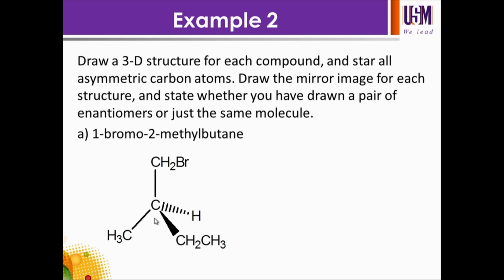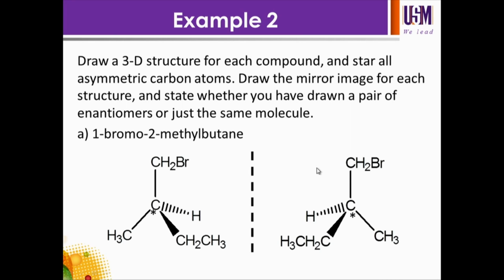The carbon is attached to 4 different groups. So you have bromo, CH2Br, hydrogen, CH2CH3, and also a methyl group. Now you have to draw its mirror image. And first you have to star the chiral carbon. So this is the chiral carbon, or the asymmetric carbon, because it is attached to 4 different groups.